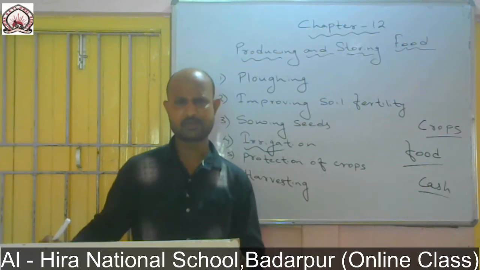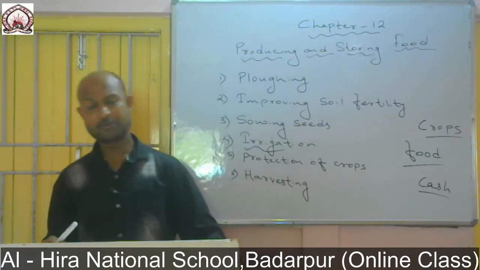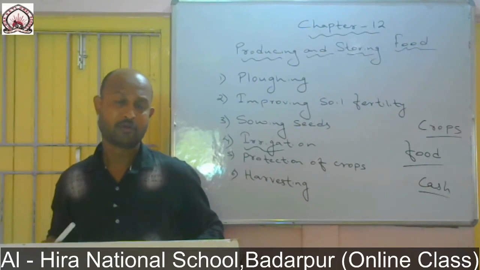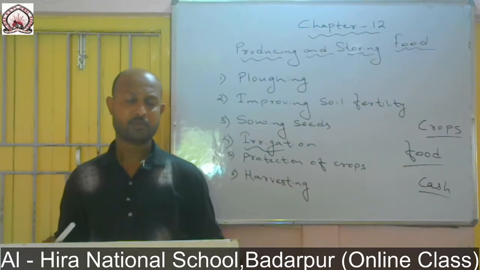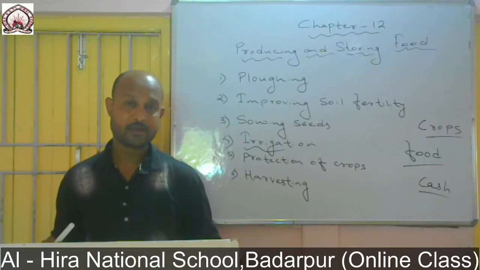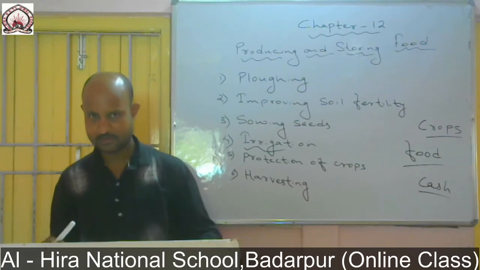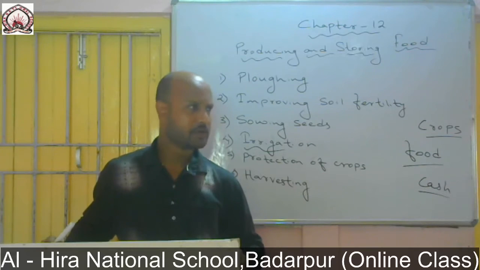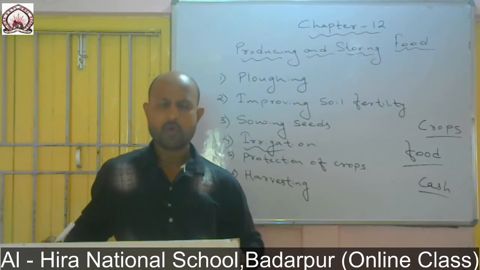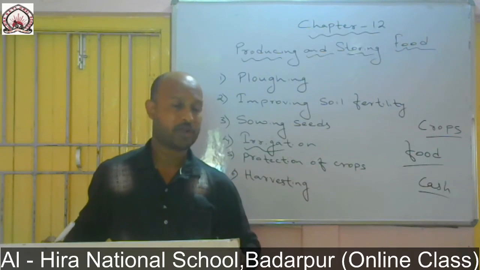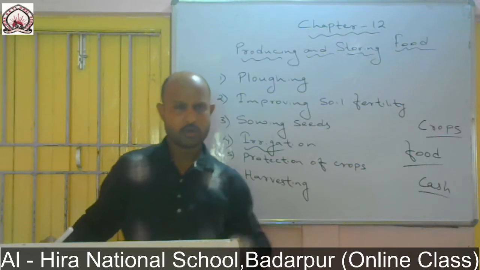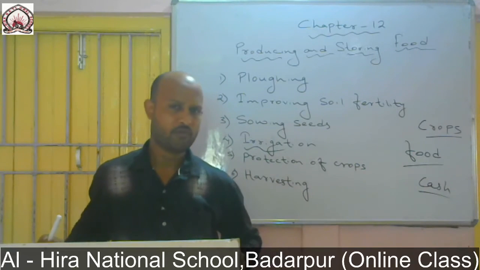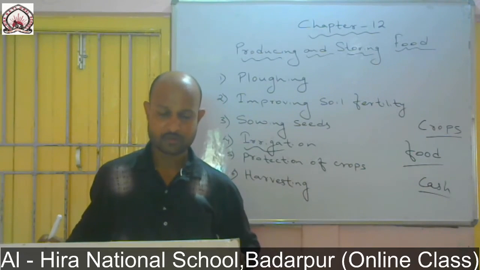If by mistake these animals enter any crop field, they will eat up all the crops, destroying most of the plants. And not only these grazers, there are many other birds which destroy the crops. So we need to protect the crops so that the crops grow well.